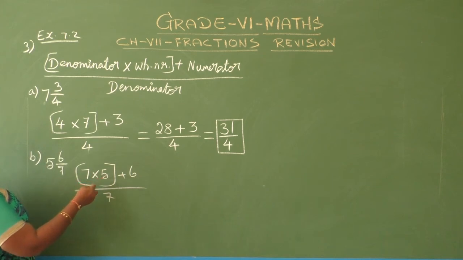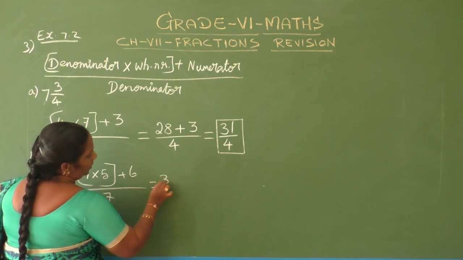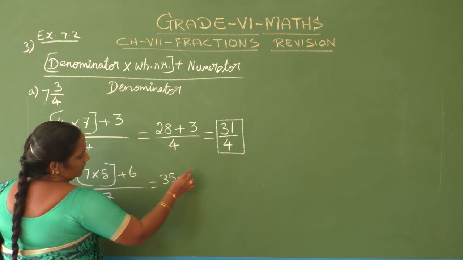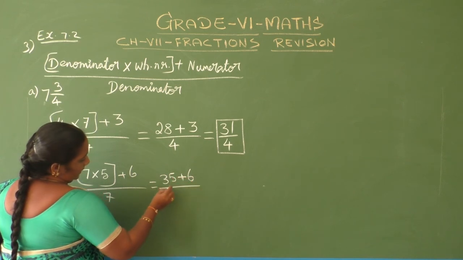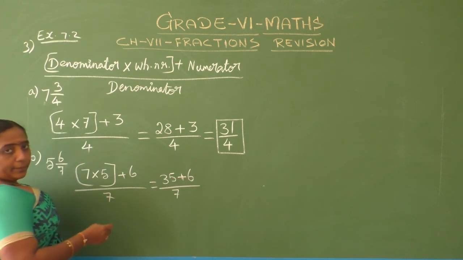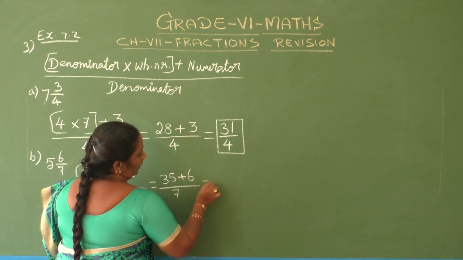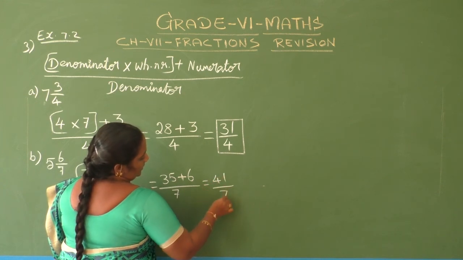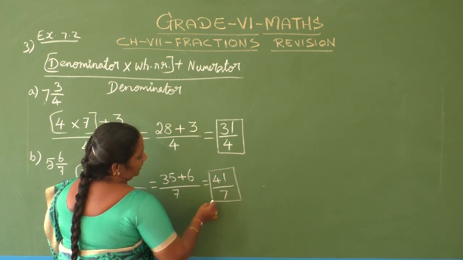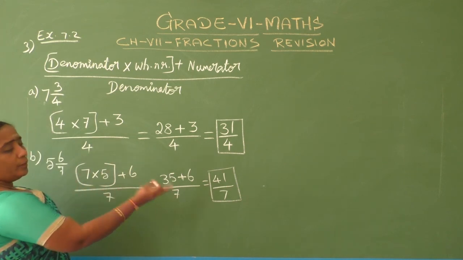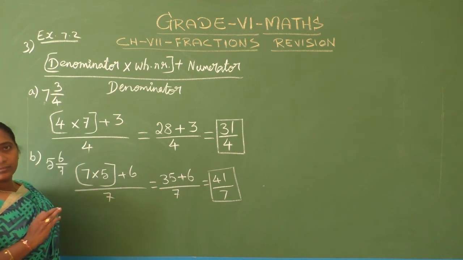See, 5 sevens are 35. So 35 plus numerator 6 by 7. 35 plus 6, what will come now? 41 by 7. This is the answer. Now we have converted the mixed fraction into improper fraction.